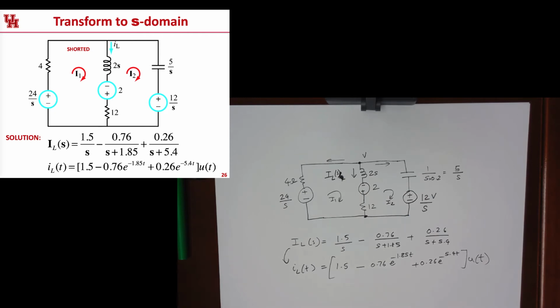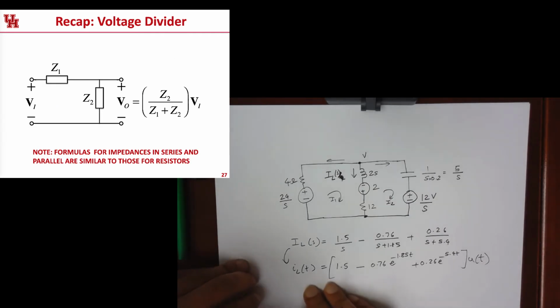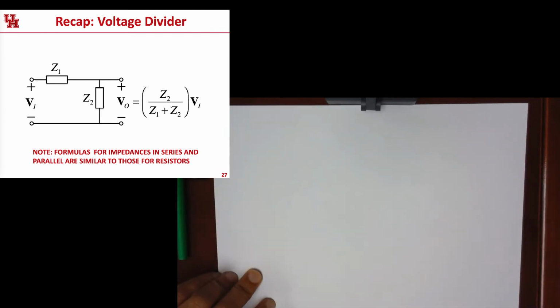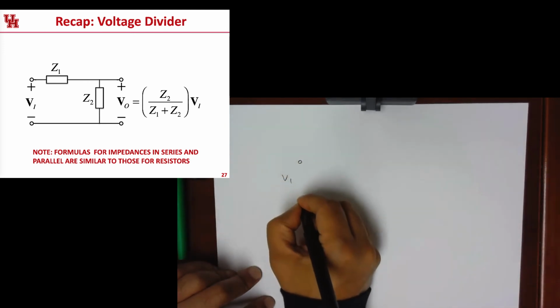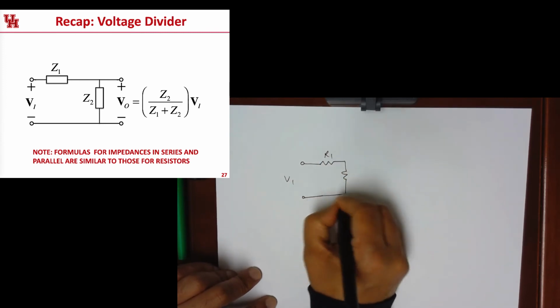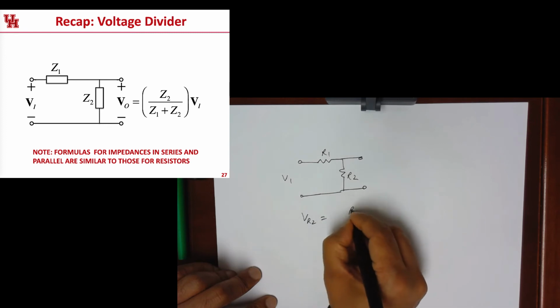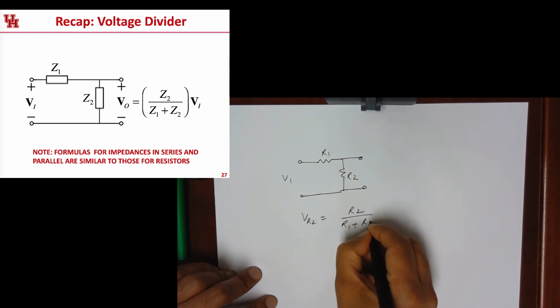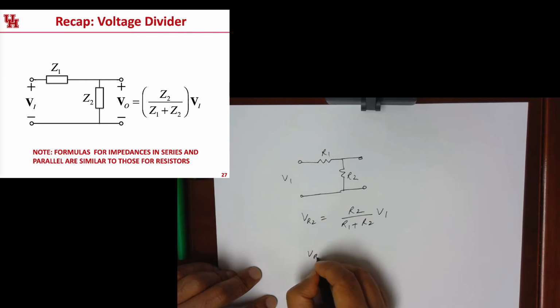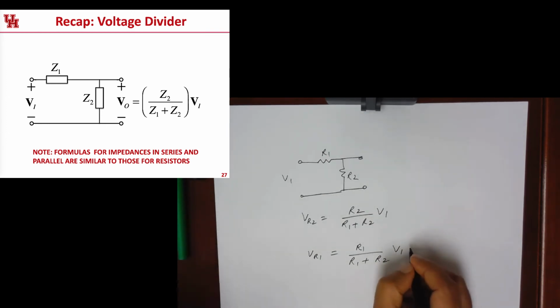So now in solving these circuits, okay, you can use any trick that you've learned in the circuits class. And let me review one of the standard tricks that I've always found useful. It's the voltage divider. So if I have a voltage V1, right, and I have two resistors, say R1 and R2, okay, the voltage across R2 is going to be R2 divided by R1 plus R2 times V1, and the voltage across R1 is going to be R1 divided by R1 plus R2 times V1, right?